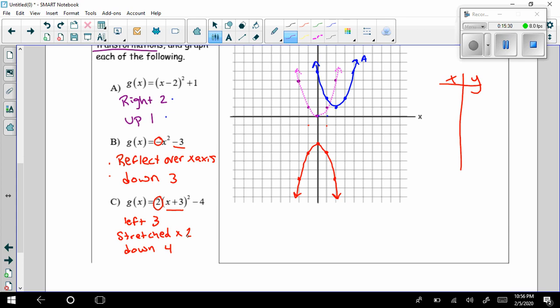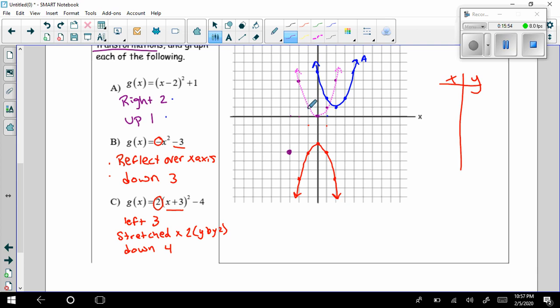So remember, you're going to multiply y by 2, whatever your y value is. So we're going to take again our vertex, which is at 0, 0, and we're going to go left 1, 2, 3. Our y value times 2 is still 0, and then we need to shift down 1, 2, 3, 4. Okay.